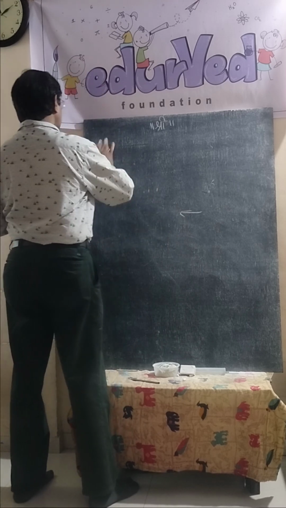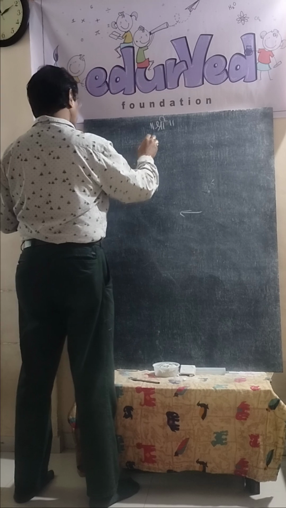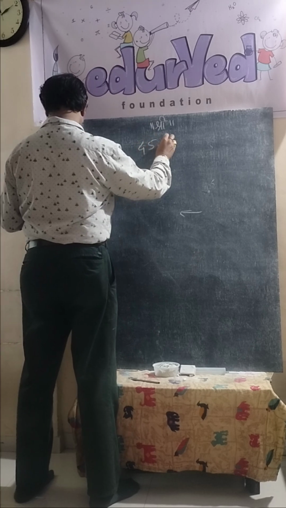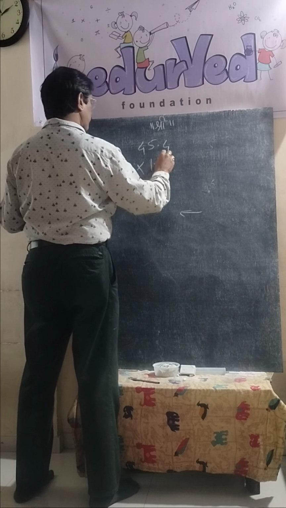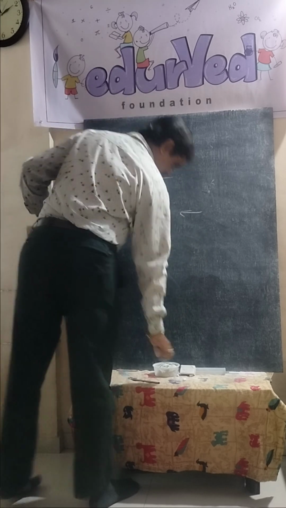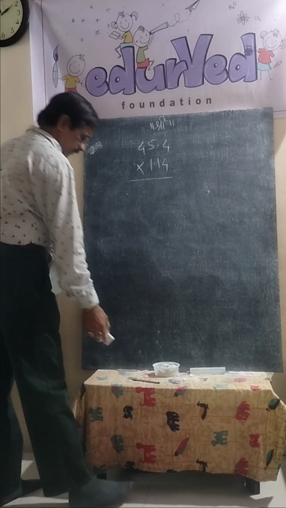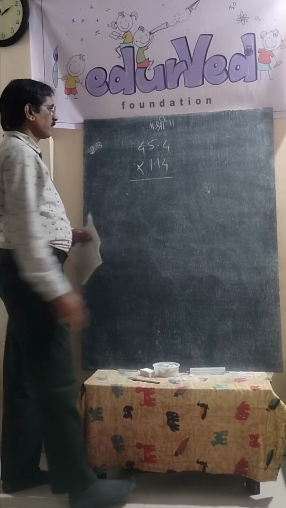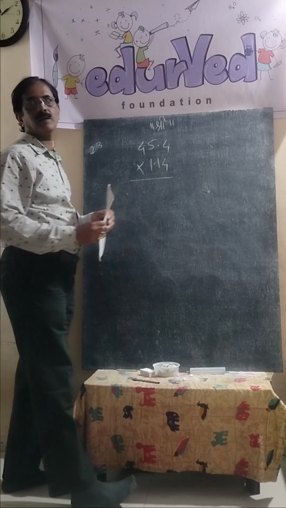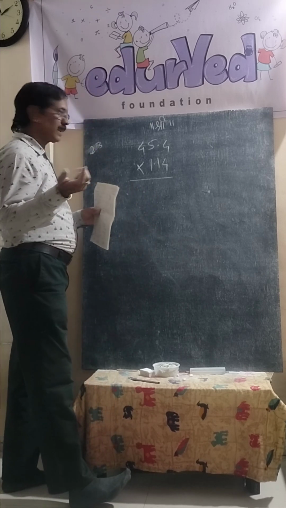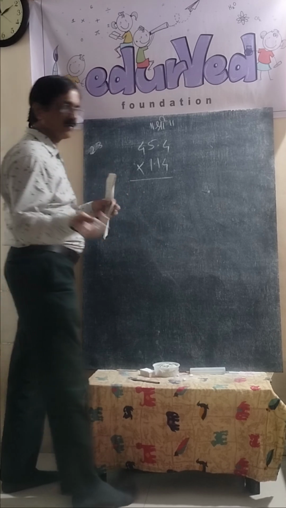Let's see the 23rd sum. 45.4 into 1.14. Now, for the time being, we forget the decimal signs. This is the category of multiplication of any number by 11, 12, 13, likewise, or 111, 112, 114.